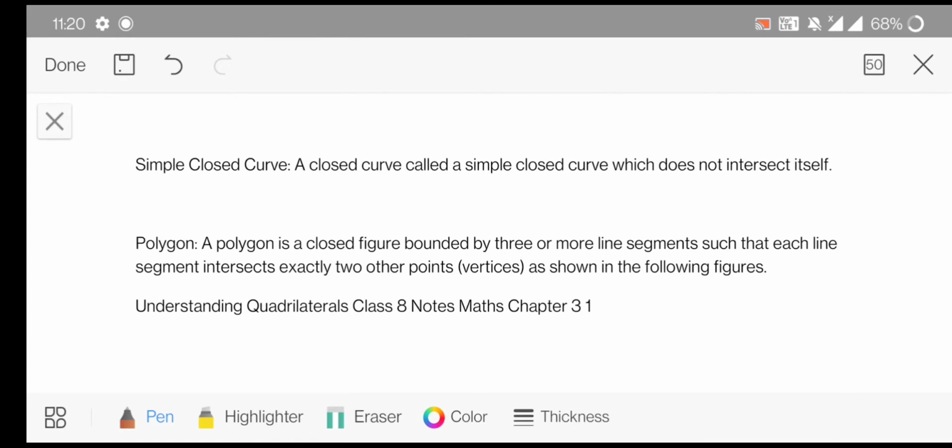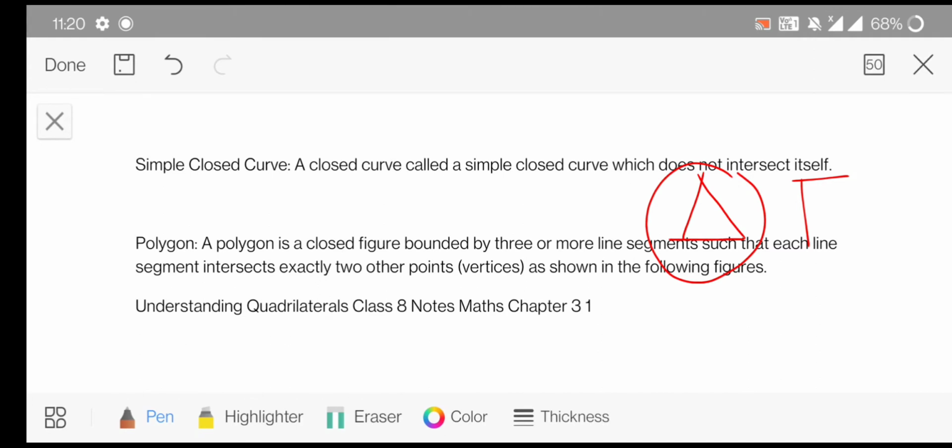So there must be a minimum of 3 lines, then only we will get a closed polygon. If we have only 2 lines, then we will not get the closed one. So there are a minimum of 3 lines to make a polygon. So polygon means a closed shape made up of only straight lines. So this is what we call the polygon.